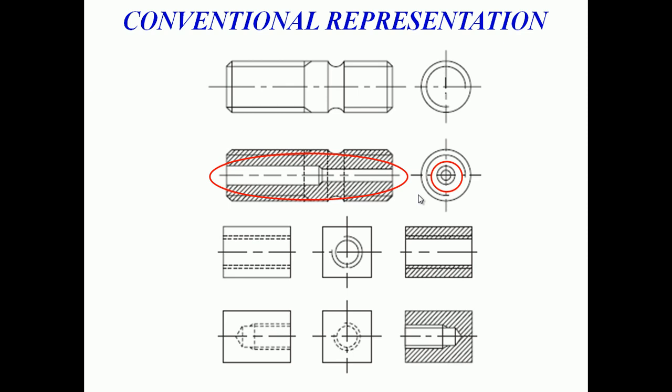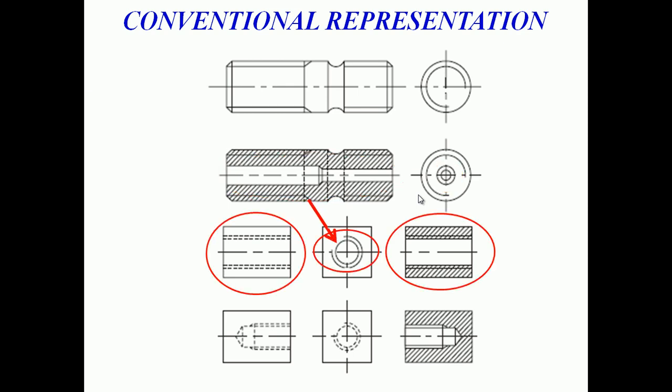So if you come to the internal thread, you can see that there is a sectional view, and without section it's also clearly given on the left side, and you have the side view. The side view clearly says the inner diameter is a circle and the outer one is a curve. So this is the major difference in the representation of a screw thread if it has an internal thread.